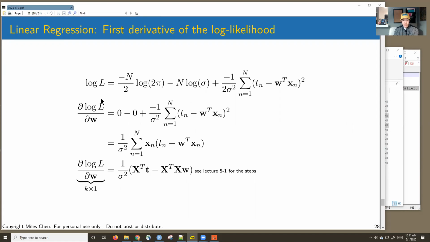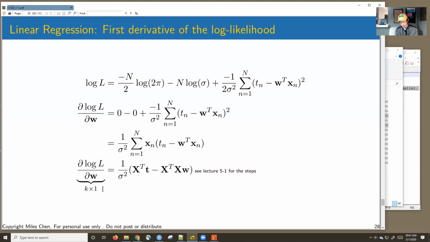Okay, and so we want to get the second derivative. I'm going to quickly fly through this because we already did the first derivative in lecture 5.1. The first derivative of the log likelihood with respect to W is like a gradient function, okay?